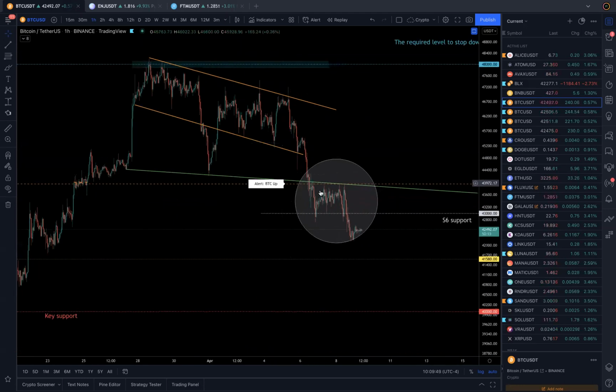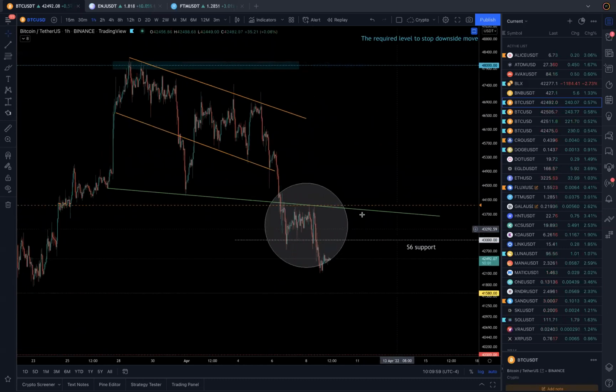Then okay, so this is done. It broke below on 1 hour. Then we had this S6. Now we talk about the present or recent. I added this green line, touching the March 31st low.